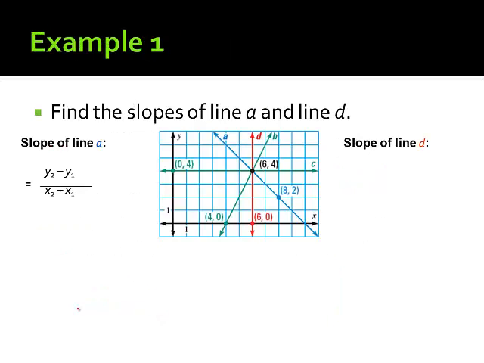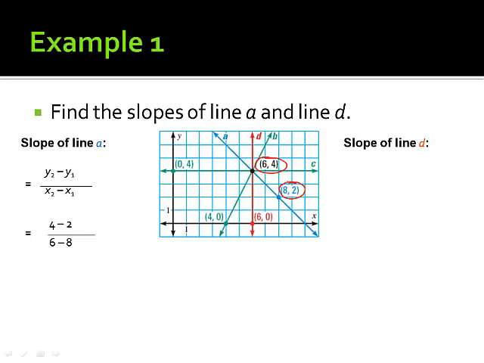So it says find the slopes of line A and line D. Line A and line D both pass through the point (6, 4). Line A also has the point (8, 2). So I'm going to find the slope by doing change in y over change in x.